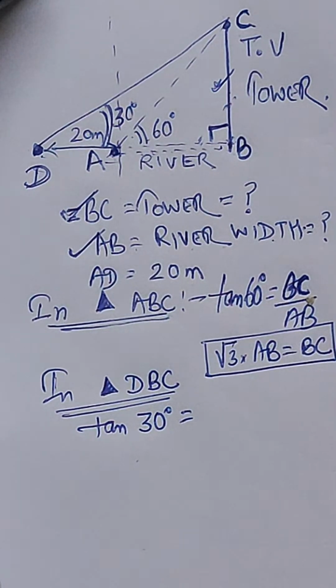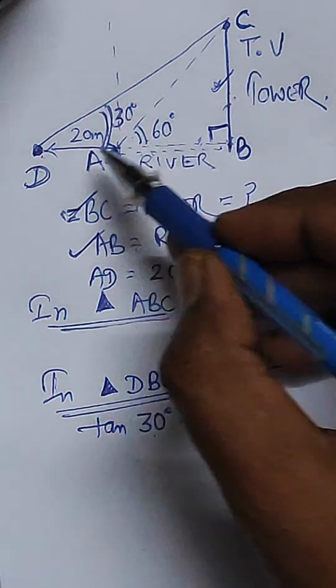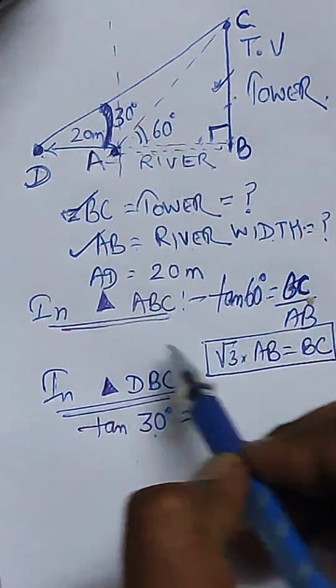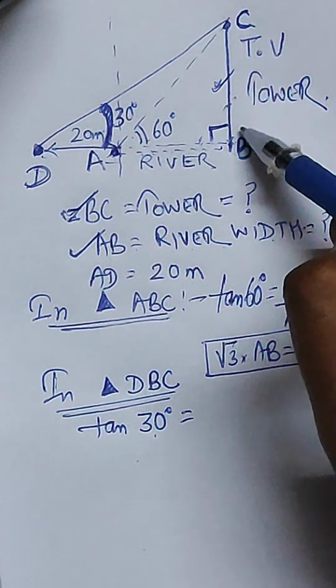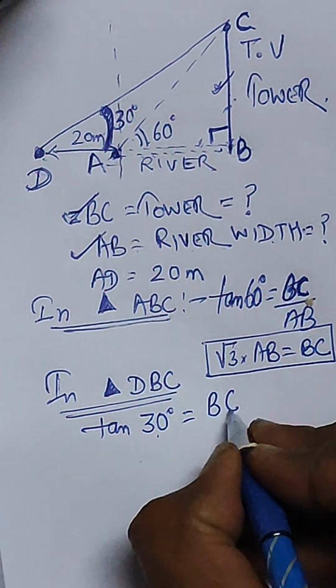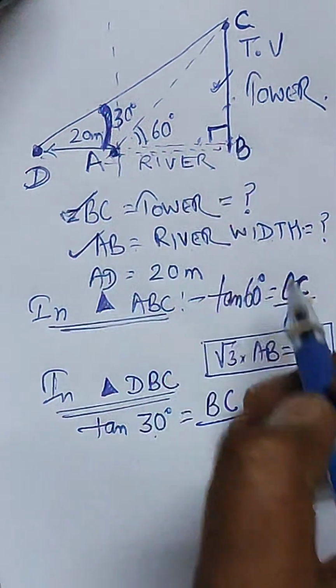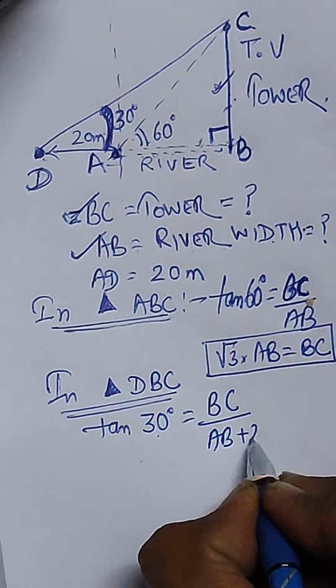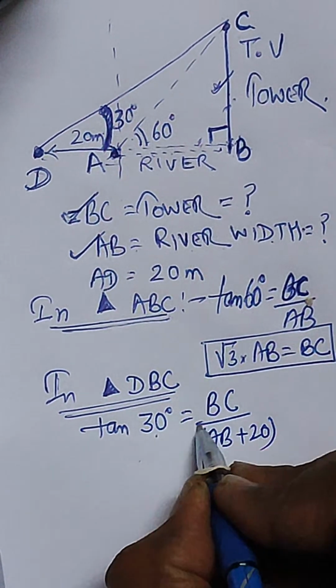So we can say that tan of 30 degree, this angle, is nothing but BC by DB. DB can be written as AB plus 20, isn't it?